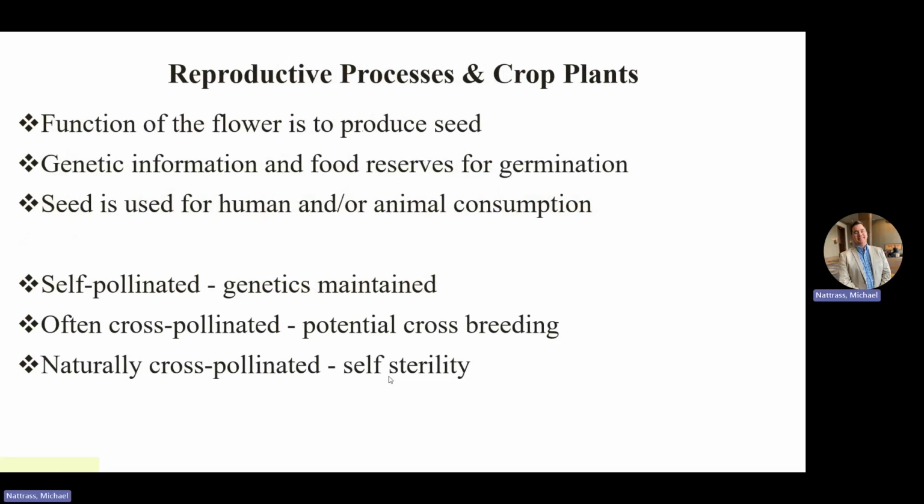There are certain mechanisms and certain chemicals that the plant produces. And if that pollen grain falls into the ovary and that egg gets fertilized by its own pollen, that egg will abort because it knows that it's from itself. And we call that self-sterility.